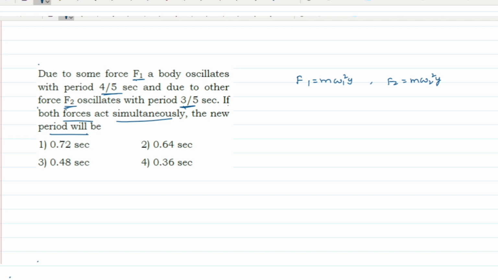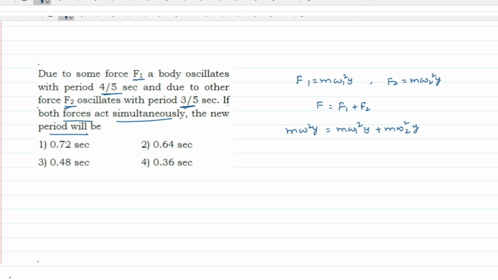If both forces act simultaneously, the resultant force is F equal to F1 plus F2. F equal to m omega square y, which equals m omega 1 square y plus m omega 2 square y.